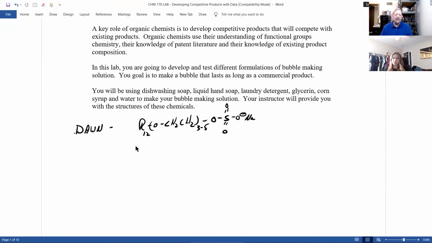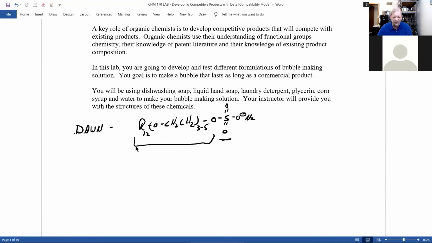And you have in our groups 12 carbons, CH3, CH2, CH2, then OCH2, CH2, which is anywhere from 3 to 5 moles of ethylene oxide react with an alcohol, and that ether alcohol, you react to make a sulfate head. So essentially what you have here, nonpolar tail, and right here, polar head.